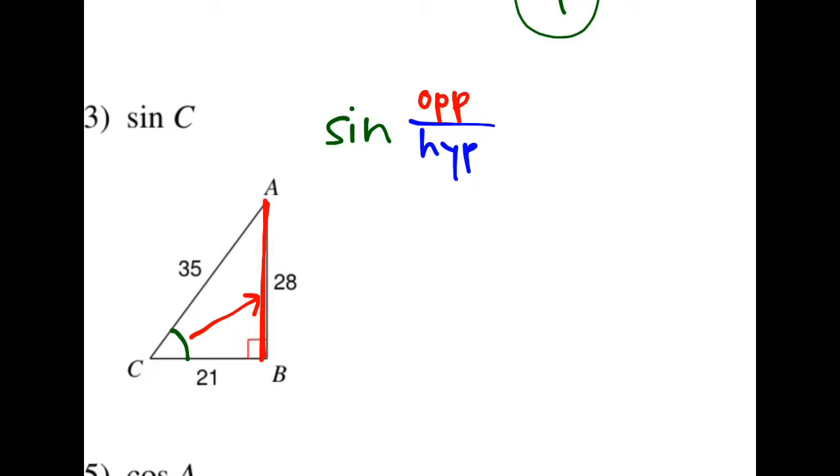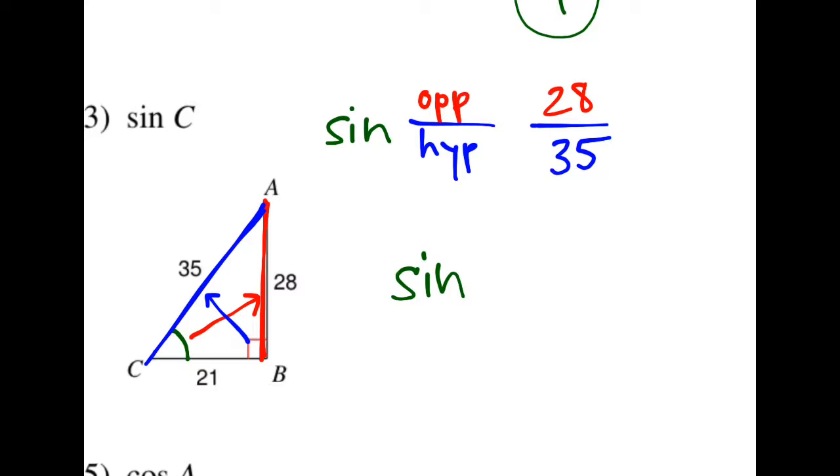If I had the sine of angle A, the opposite would be 21. But take your angle, draw an arrow out. Now the hypotenuse again is always across from the right angle. It is the longest side of your triangle. And now in order to write this in full form, I'm going to simplify this. What could I divide these by here? Okay, I think I could divide and get 4/5. Is that right? Okay.